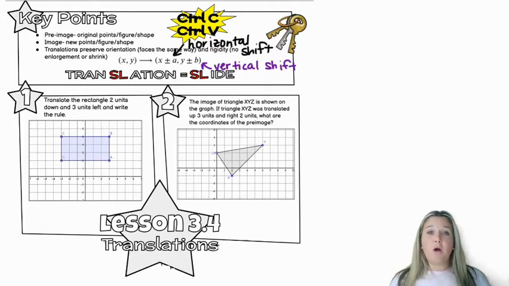Now, you won't always have both shifts, horizontal and vertical. You could just have one or the other. In that case, your plus or minus would be zero, so you just keep the same variable. So let's take a look.